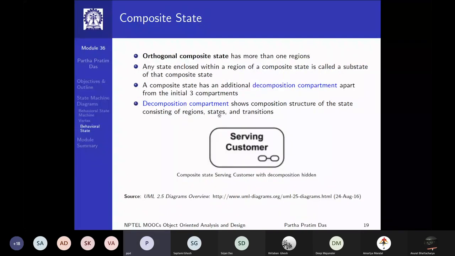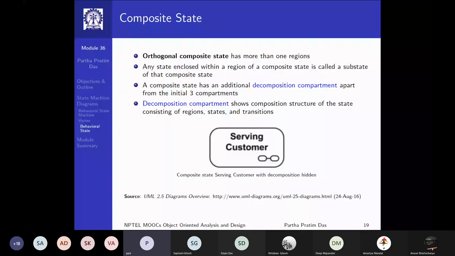An orthogonal composite state may have more than one region. That is, to describe this high-level state, I may have two or more different kinds of state behavior that are possible. So it is like a decomposition into compartments.